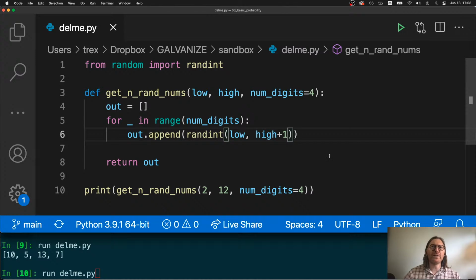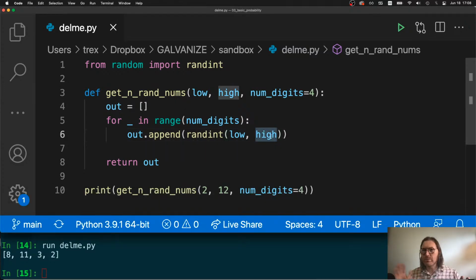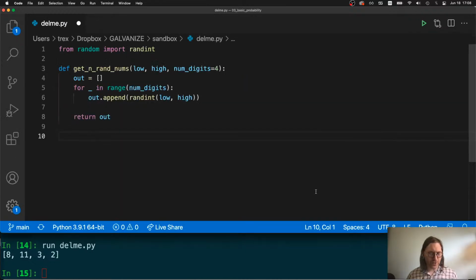Okay, so randint, this high value, it looks like that is already inclusive in randint. Let's run this a couple more times. 12s. Yep. So when I had that as 13, it included 13. Either way, easy fix, and we've got this function. So let's go from there.